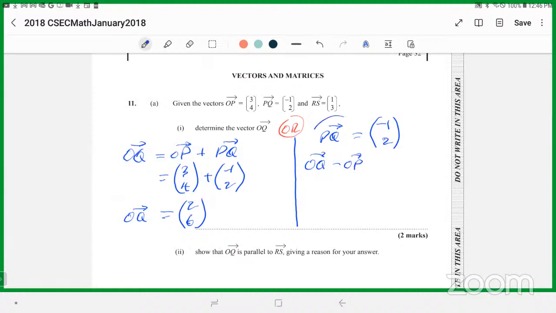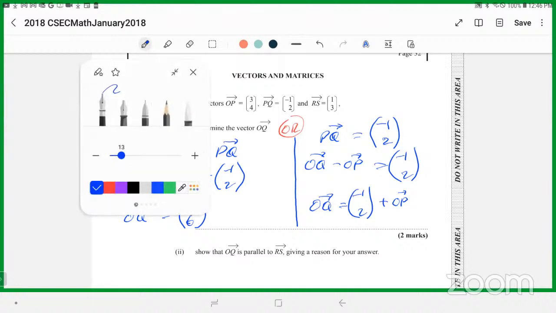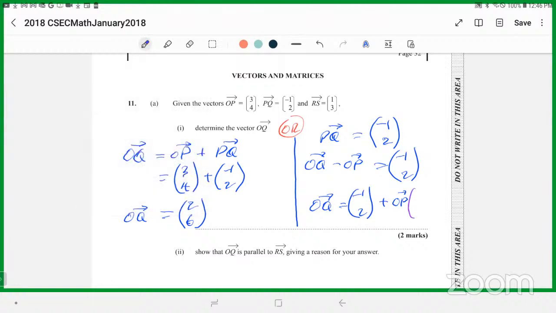Split this side and put it back equal to this, which is minus 1, 2. Then to leave OQ as the subject, I would take the OP and add it over here. And so I will get OQ equals minus 1, 2 plus this OP. And I'm just going to write what OP is beside it. OP is equal to 3, 4.